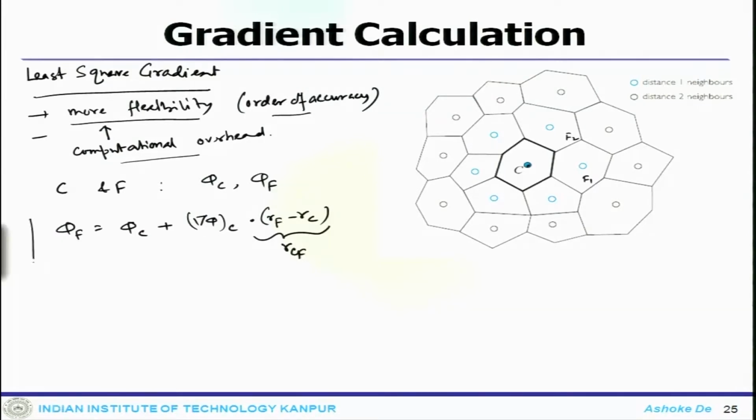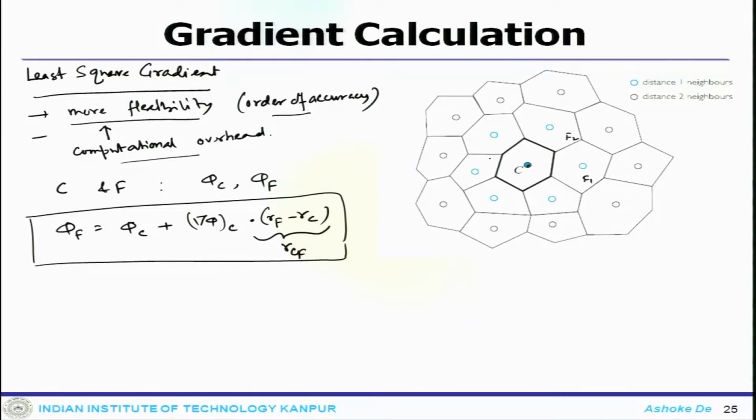Now, unless the solution field is linear, the cell gradient cannot be exact, because C has more neighbors than the gradient vector has components. So every time you do this calculation of the distance with the gradient vector, C has a larger number of neighbors. So in the least square method, the gradient is going to be computed by an optimization procedure.